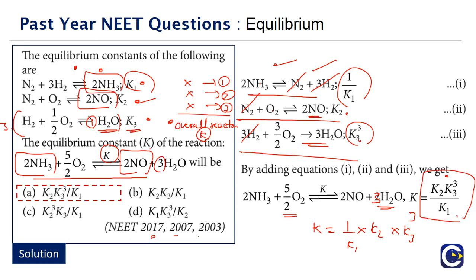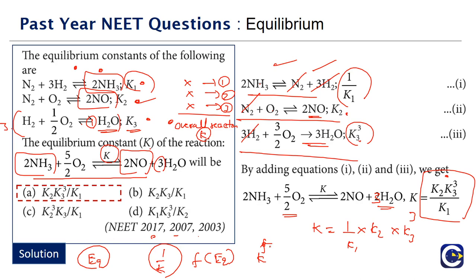So in this question we are looking at the relation between the equilibrium constants. If we reverse an equation, the equilibrium constant becomes the reciprocal of the original. If we multiply the equation by a factor f, the equilibrium constant will be raised to the same factor f, so the modified equation's equilibrium constant will be K to the power f.